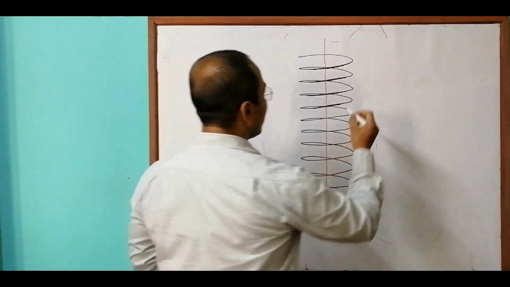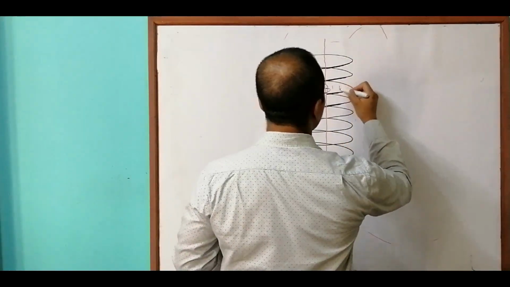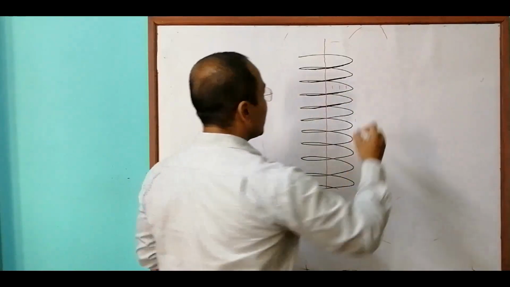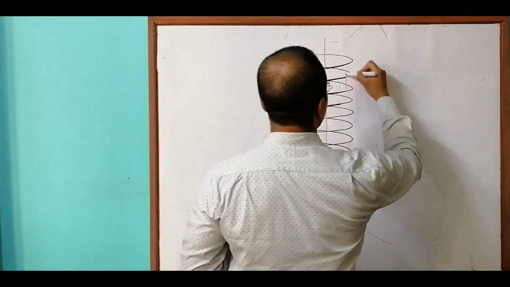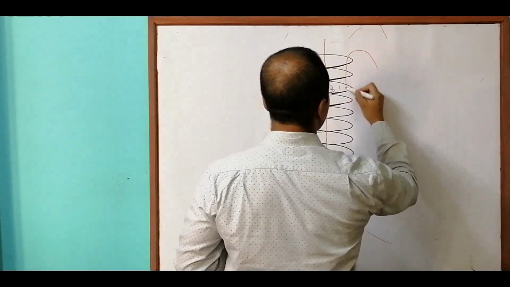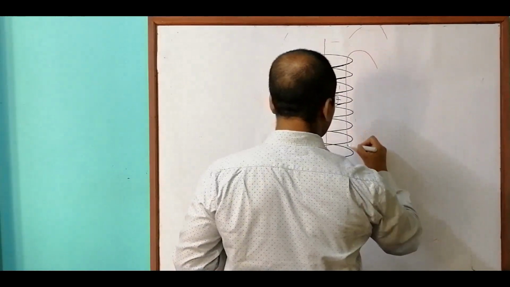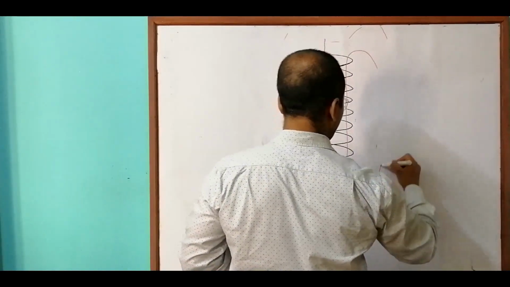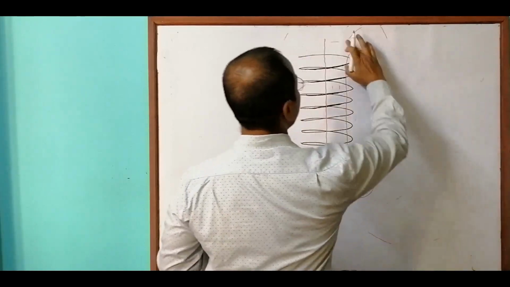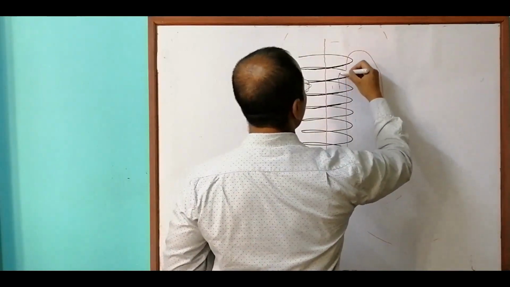Now, let me draw a few more lines here. 1, 2, and then 3. This line will come like this, outside. Like this. So this line will be like this.